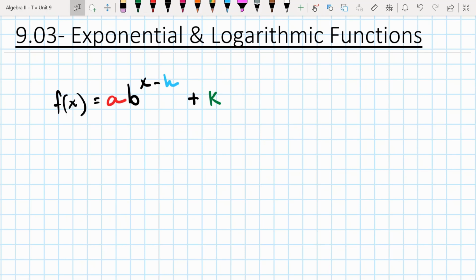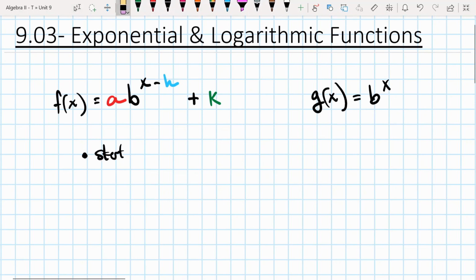If I have this function here, and I have what we're going to call a parent function, g of x, and let's define g of x as b to the x, then we say f of x is g of x transformed. How is it transformed? Well, we're going to start with the stretch slash compression factor.